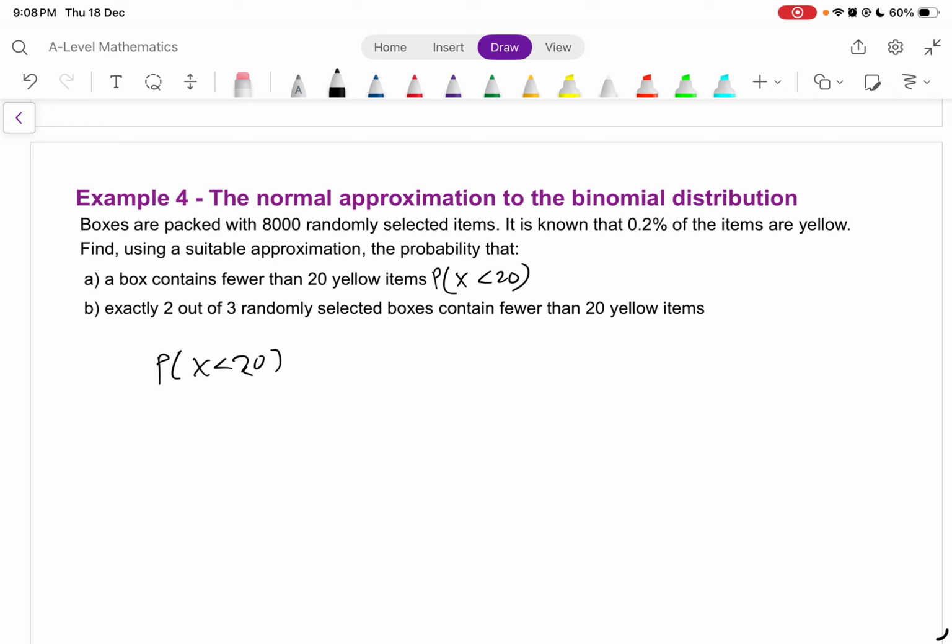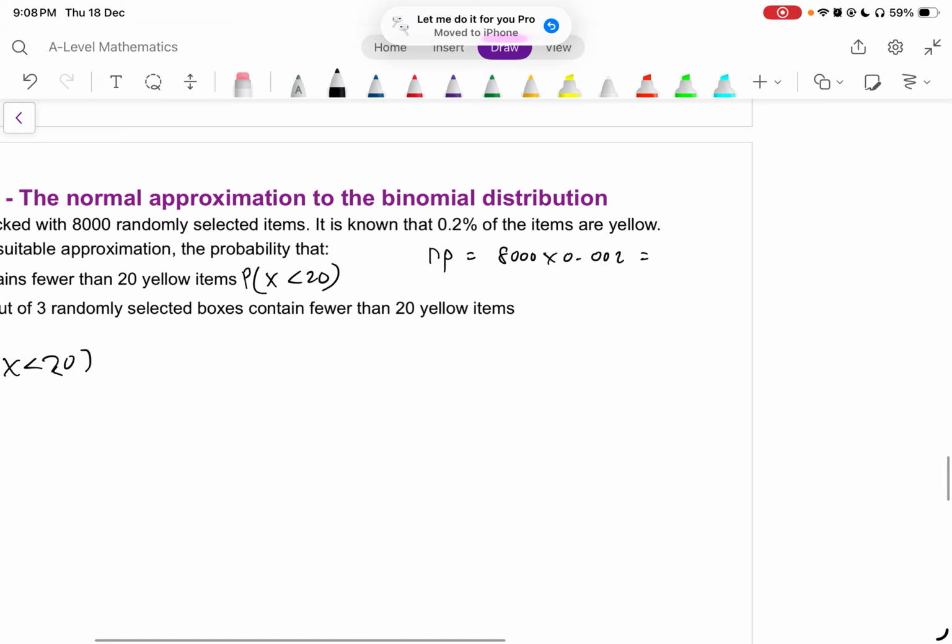Can we use our approximation here? Let's check it out. Our np, which is our mu, is 8000 times 0.002, so that results in 16. In this case, npq is our sigma squared, which is the variance, and here we get 15.968.